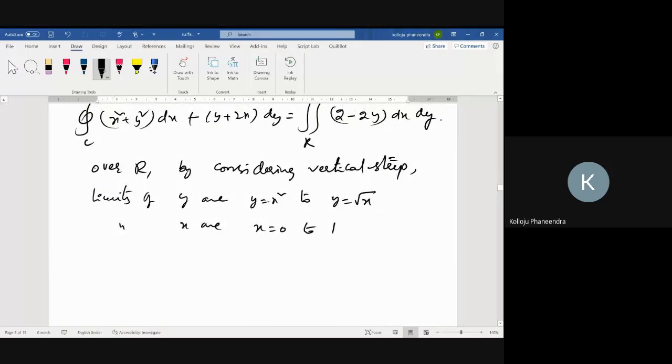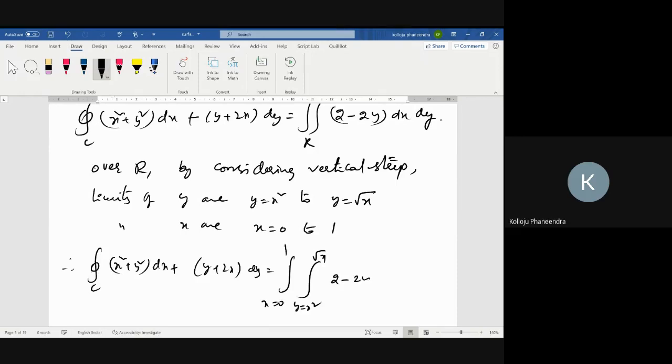Hence, the circulation over C of (x square plus y) dx plus 2x dy is equal to the double integral, y from x square to root x, x from 0 to 1, of (2 minus 2y), first dy, then dx.